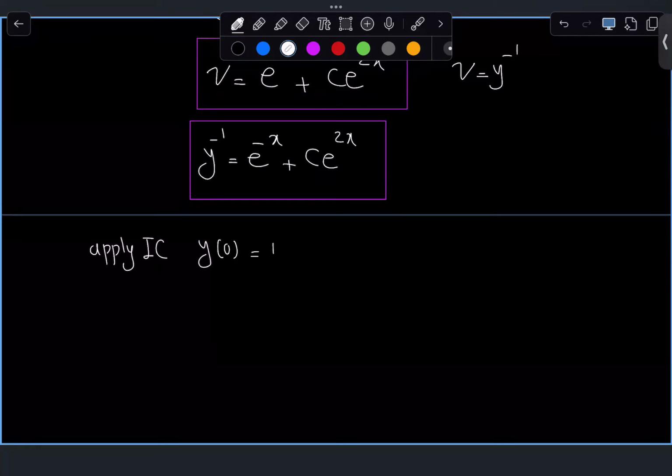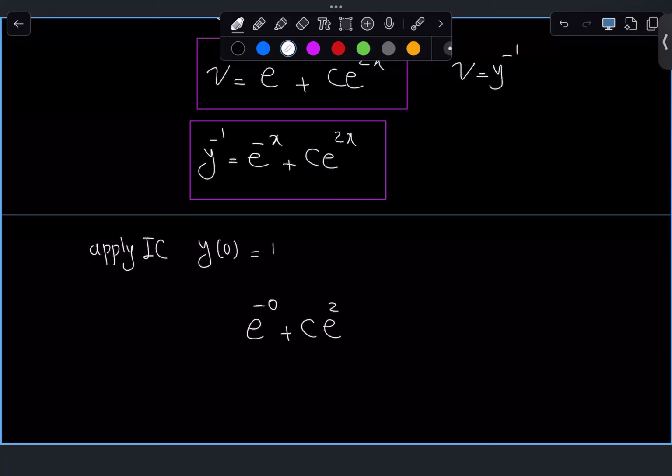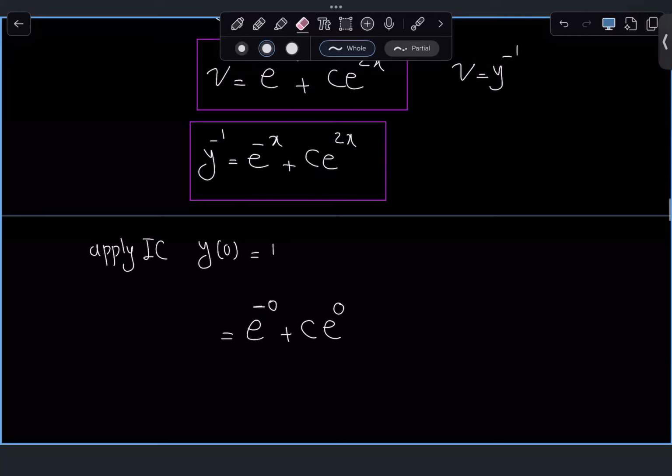Okay, so if I plug in x equals 0, on the right-hand side, I get e to the -0 plus c times e to the power of 0, which has to be equal to 1, right?